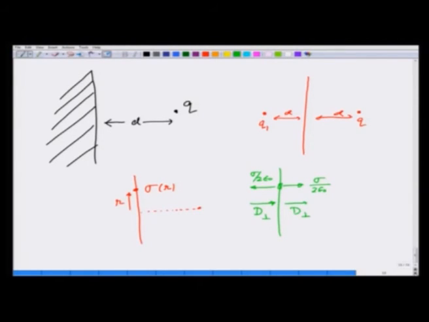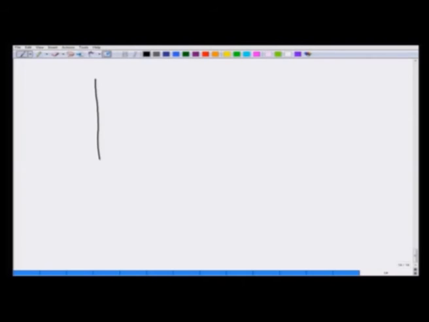Let us do that. So, if I take this surface, this is d, this is q, at distance r, this is sigma r, then E perpendicular, let us call it outside on the right hand side, inside on the left hand side.